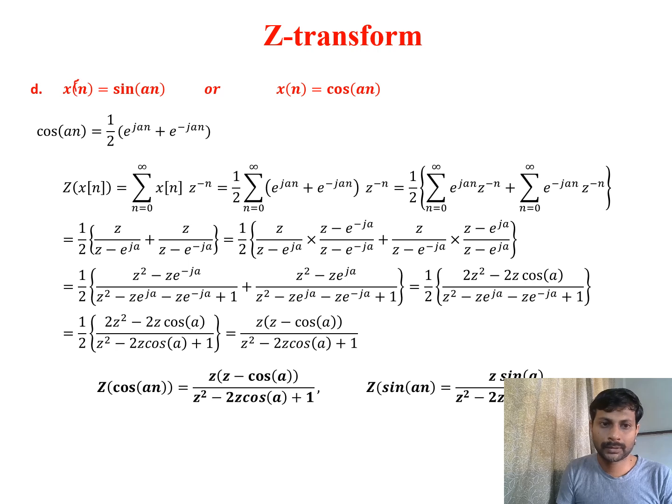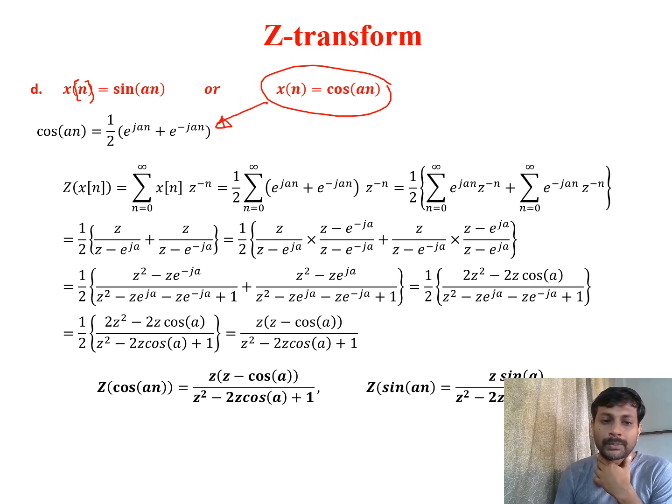Let us move to the next example. x[n] equals sin a n. You can take either the sine or cosine form. You know that the sine or cosine form can be represented in terms of e to the power j a n plus e to the power minus j a n. Let us consider that x[n] equals cos a n. So cos a n can be represented in terms of e to the power j a n.